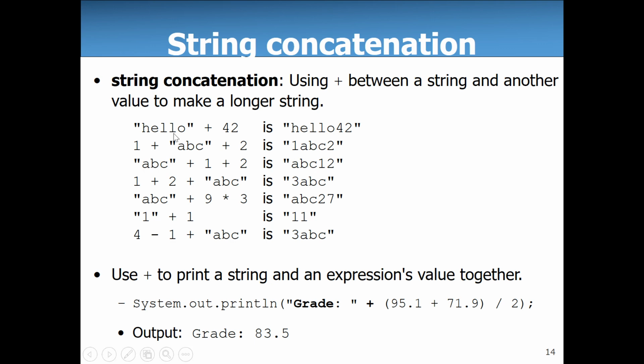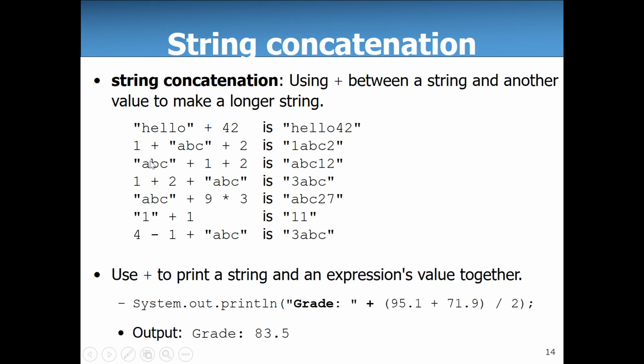So the only place where your math might be affected is if you use string concatenation, which is just a fancy way of saying, let's glue this string to something else. So "hello" plus 42 doesn't do some weird math operation, it turns 42 into a string and glues hello and 42 together. 1 plus "ABC" plus 2 just glues everything together.